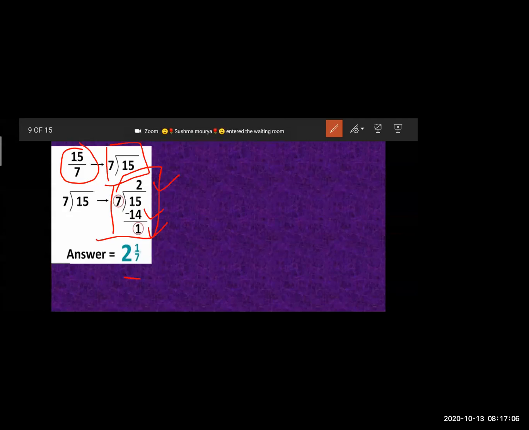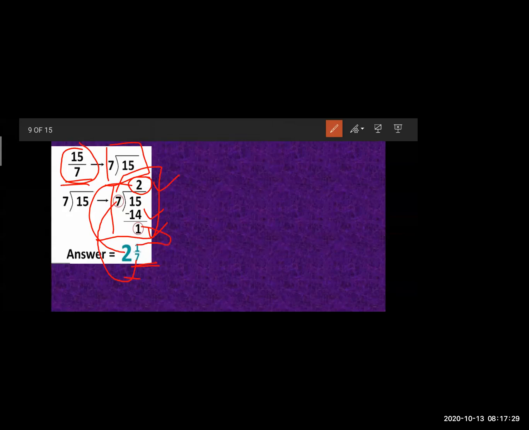See, the divisor is in the denominator. That means here it was 7, so here also it will be 7 only. The quotient that we got, this is our answer, will go as the integer. That will be the integer result, and the remainder that we got will come in the numerator.